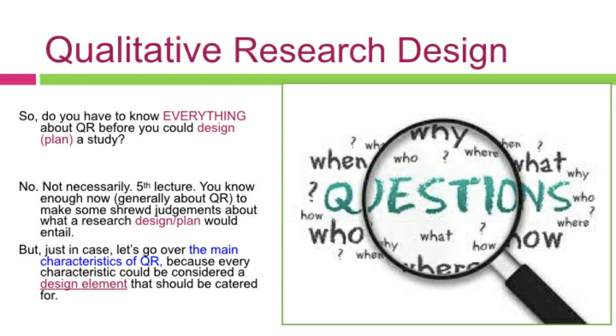They give life then to your design elements. So when you're designing qualitative research, what you need to keep in mind are the characteristics of qualitative research. So if qualitative research have 10 characteristics, you should be looking out when you're doing your planning or your designing with 10 elements.